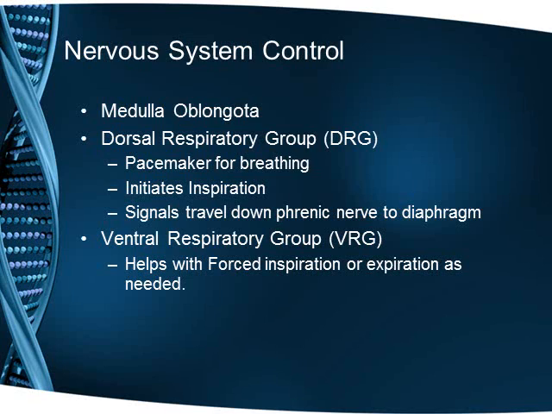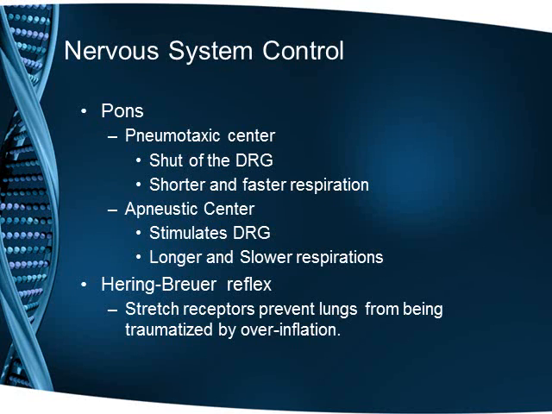Then we have the ventral respiratory group, which helps with forced inspiration or expiration as needed. That's what it's going to concentrate on and also aid us with the expansion of the lungs. We have the pons. In the pons area of our brain, we have the pneumotaxic center, which is going to shut off the DRG, which is going to suppress our breathing rather than forcing us to breathe.